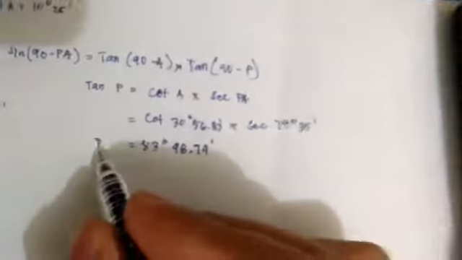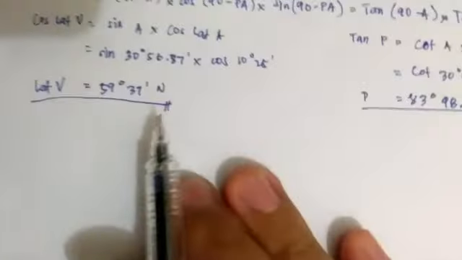So since we already have our P, or the d-long, next we need to find the longitude of our vertex.